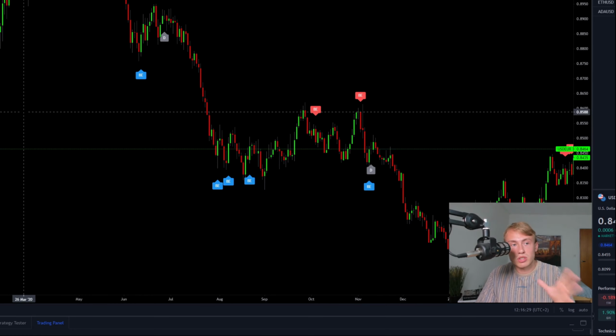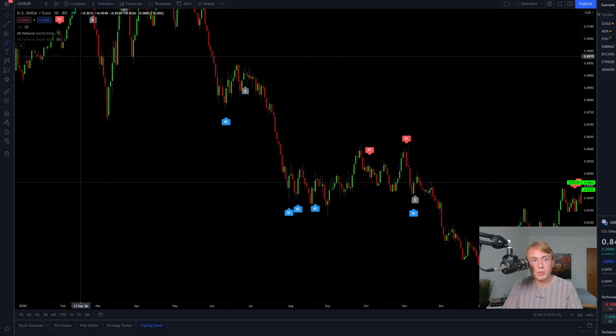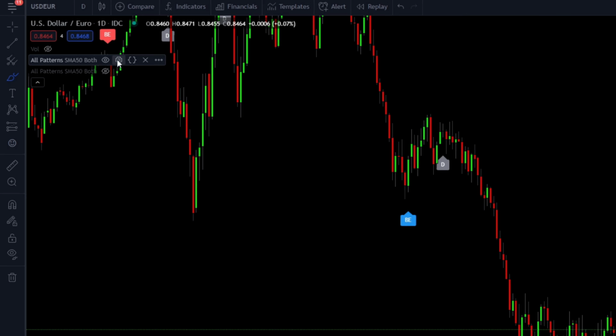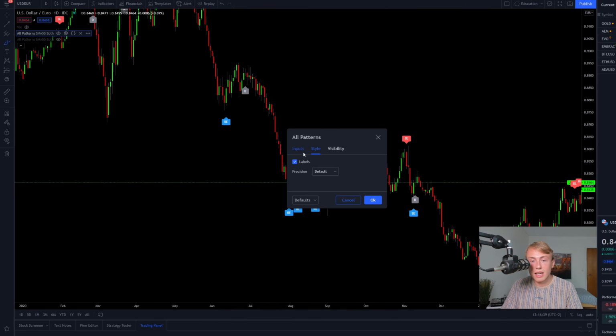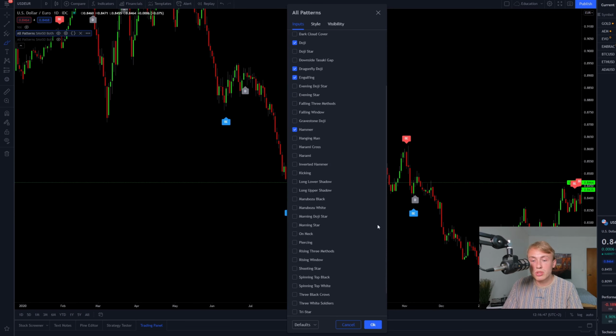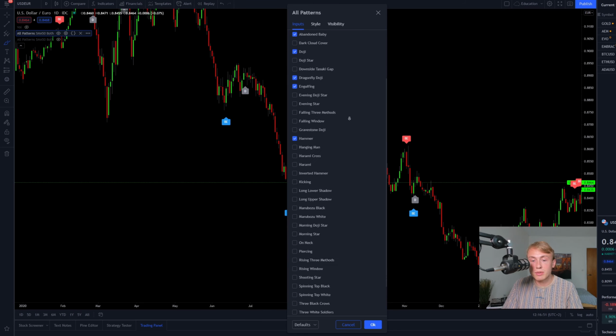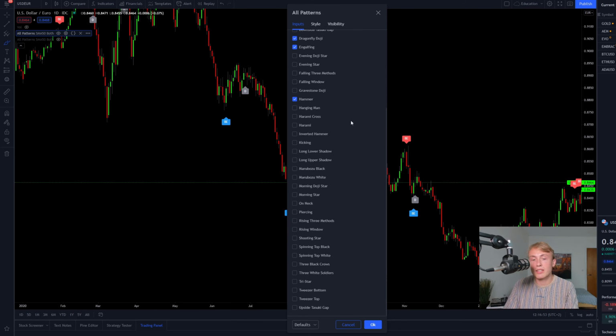But let's take a closer look at this candlestick patterns tool. To do that, we'll go up here to the upper left corner where it says all patterns, and then we click settings. And if we go to inputs here is where it gets interesting. Here is actually where we can choose our candlestick pattern. As you can see, all of these right here are different candlestick patterns.